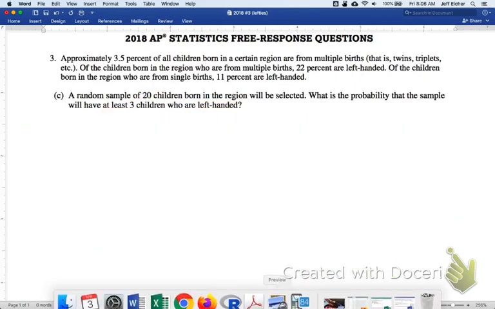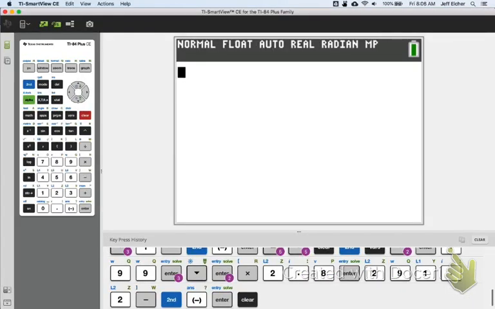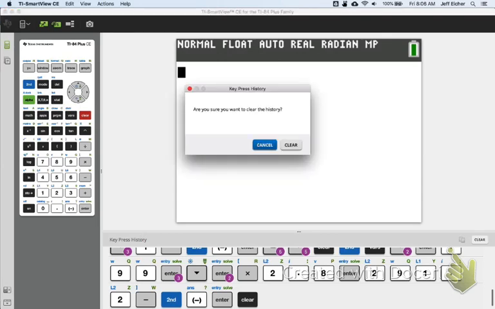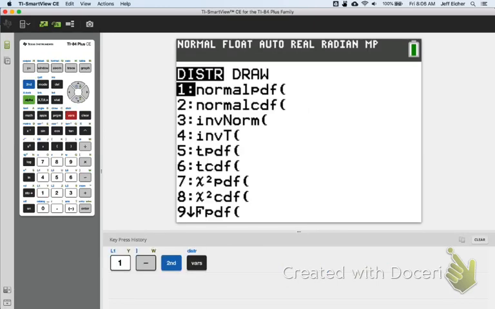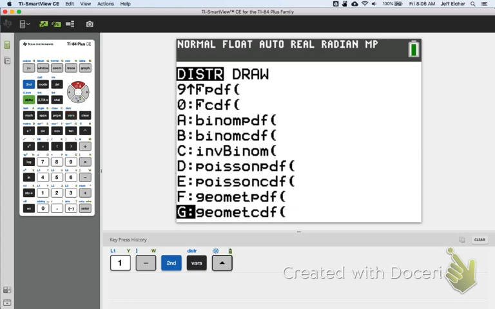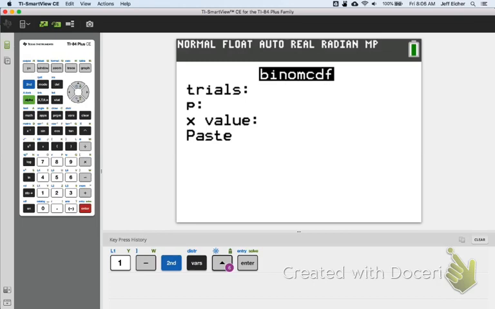So we're going to type that into our calculator. We would have 1 minus, let's clear this stuff, clear, 1 minus, second vars, binom CDF. We have 20 trials.